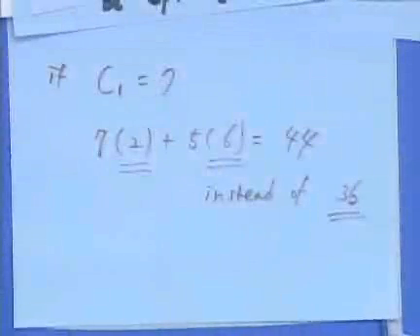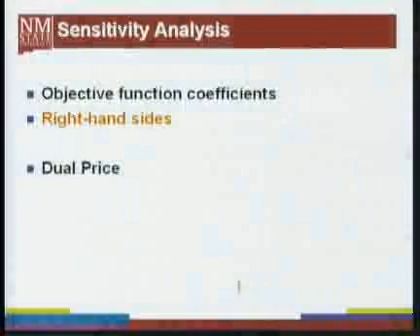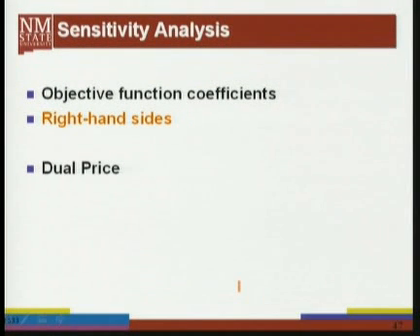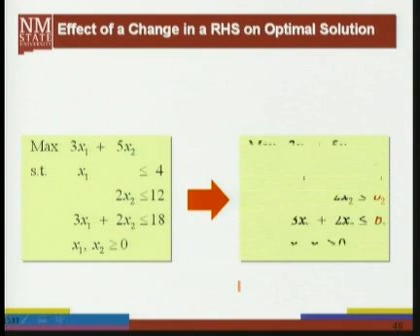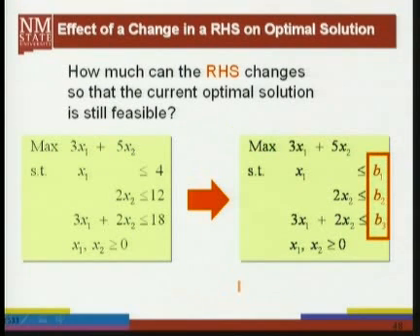Okay, then now let's find out the effect of a change in the right-hand side on the LP's optimal solution. Of course, if you change the right-hand side value of a constraint, the feasible region may or may not change. And perhaps it causes a change in the optimal solution to the problem. The graphical analysis can also be used to determine whether a change in the right-hand side of a constraint will make the current optimal solution infeasible.